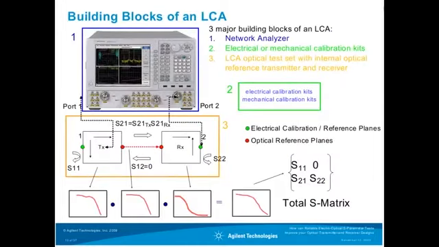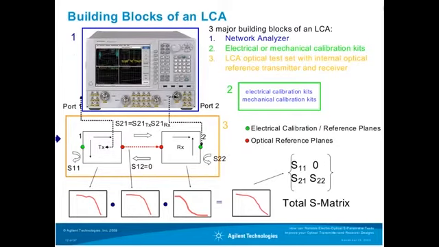The building blocks of an LCA are basically, as I described, a network analyzer, and the second important block is that you need to calibrate the electrical connections between the network analyzer and the device under test.